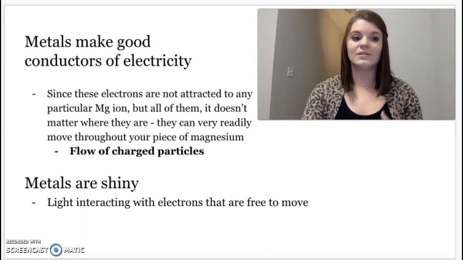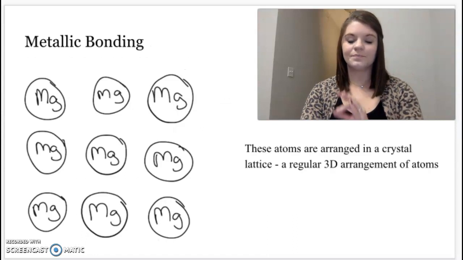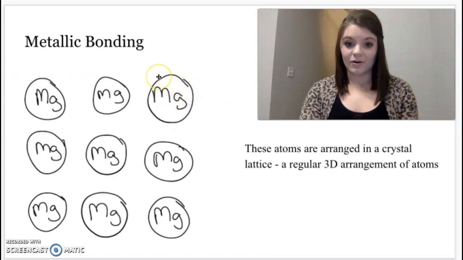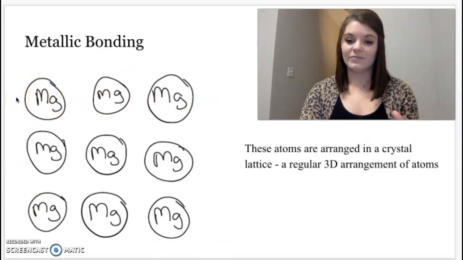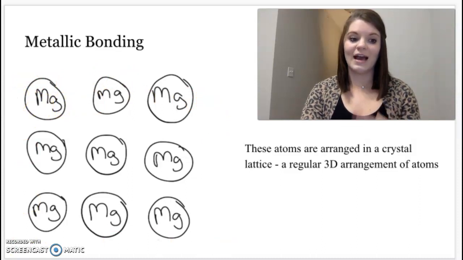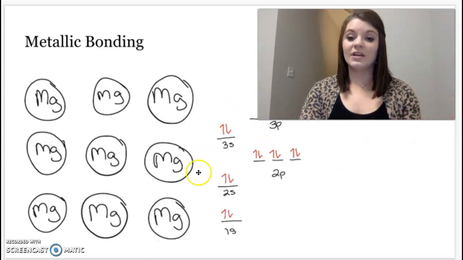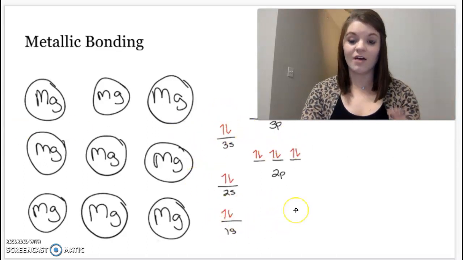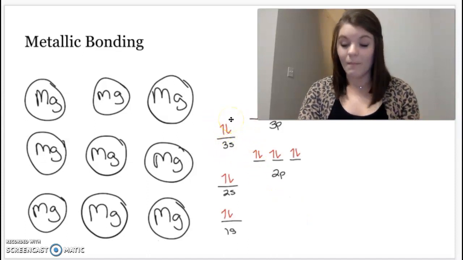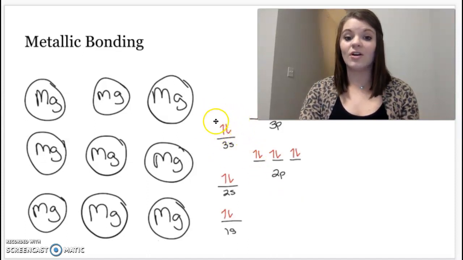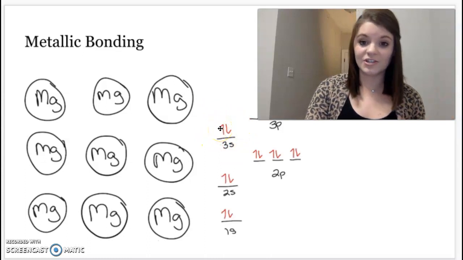I know that was a lot, and we'll talk about it in class and do some more examples. But just to review, in a metal, the atoms are arranged in a crystal lattice. When you look at the electron configuration of whatever metal you're talking about, you'll notice in most metals there are very few valence electrons.